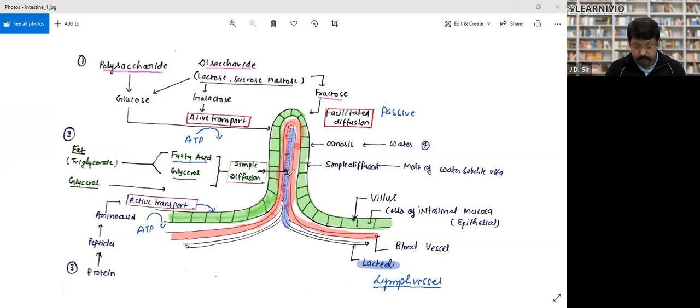Full stop. Absorption of water also occurs at the stomach and large intestine.